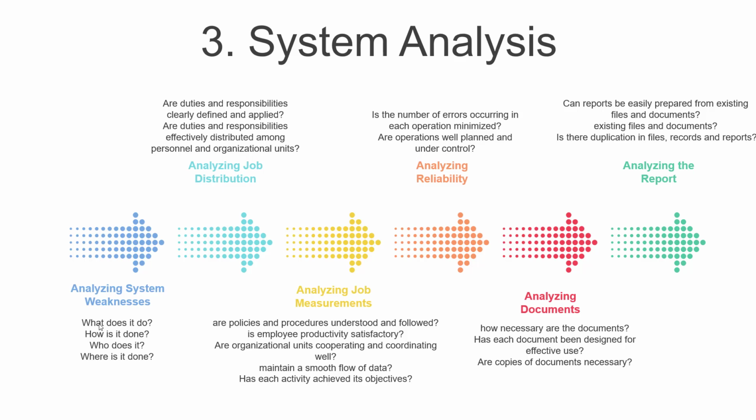Are our duties and responsibilities effectively distributed among personnel and organizational units? From analyzing job distribution, we know the responsibilities of every duty and every personnel in the organization. And then for analyzing job measurements, this is the question that must be answered: are policies and procedures understood and followed?